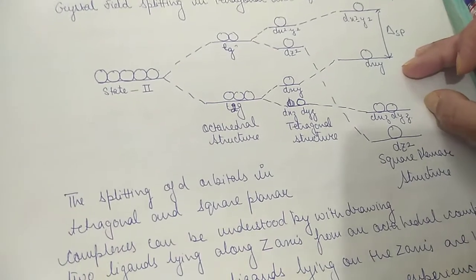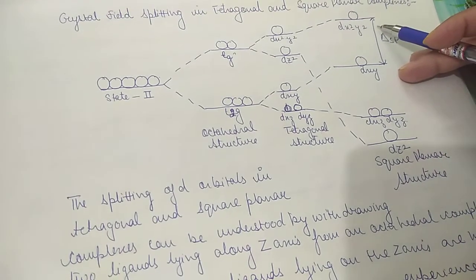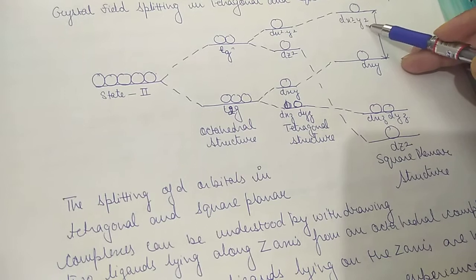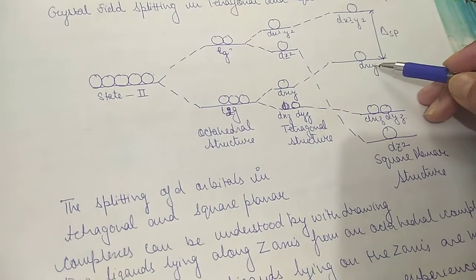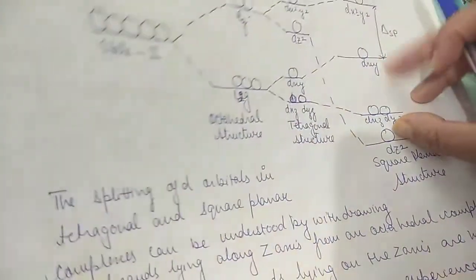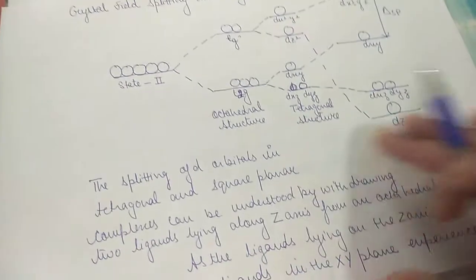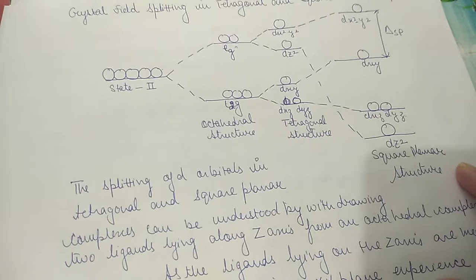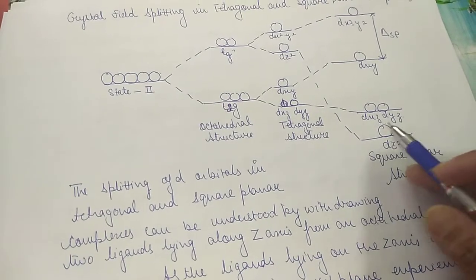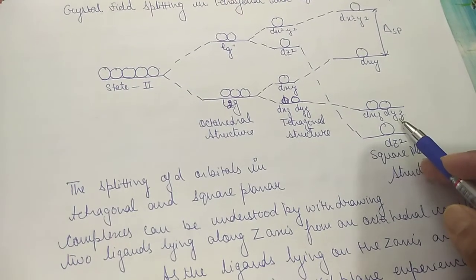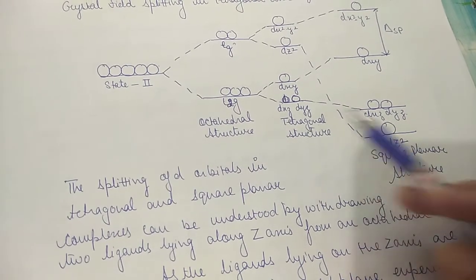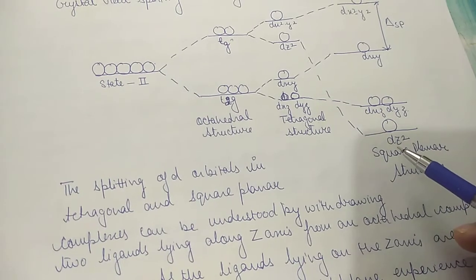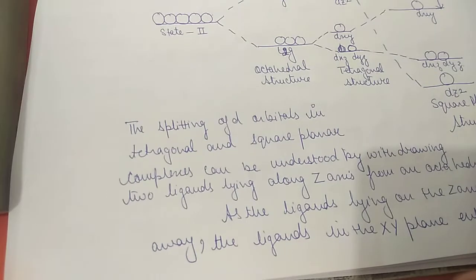And in case of square planar complexes, the energy of dx square minus y square will again further increase, the energy of dxy will also increase as compared to octahedral and tetragonal complexes, while the energy of dxz and dyz will decrease as compared to that of a tetragonal complex, and that of dz square will further decrease. Now what is the reason behind this?